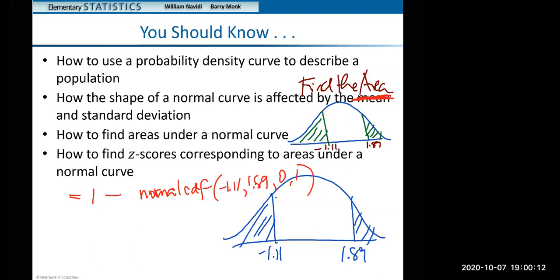Because if you are using normal CDF from negative 1.11 to 1.89, meaning you are getting this area here, the orange part. But since we want the blue shaded regions, if you subtract it from 1, then you will be able to get those two. So try that.